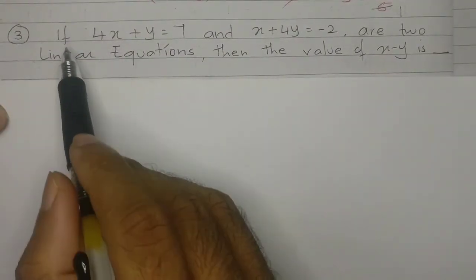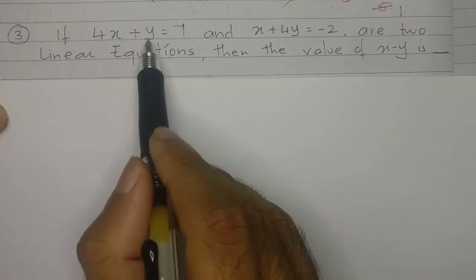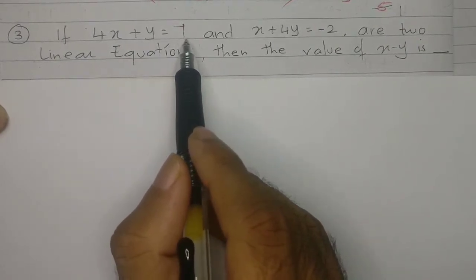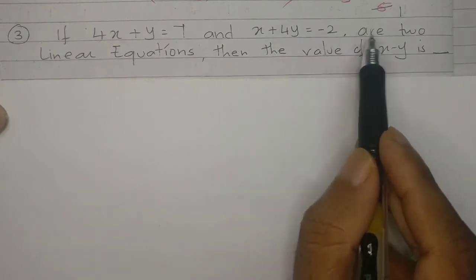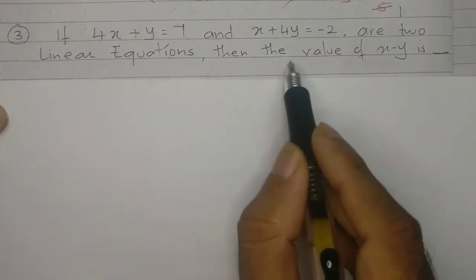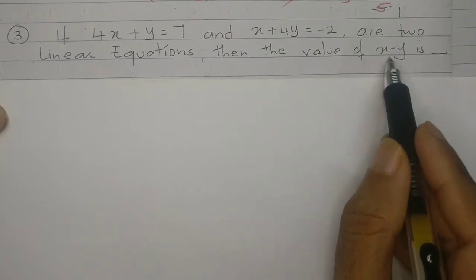Next one, if 4x plus y equals to 7 and x plus 4y equals to minus 2 are two linear equations, then find the value of x minus y.